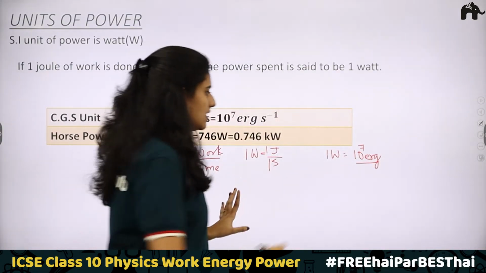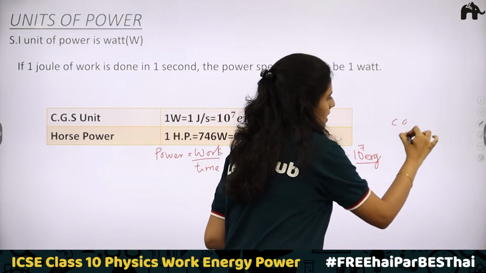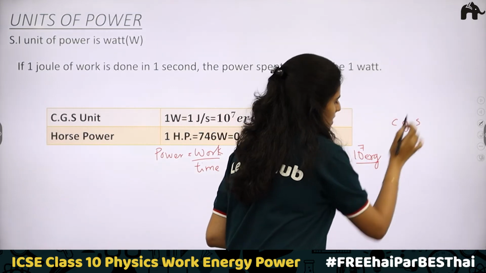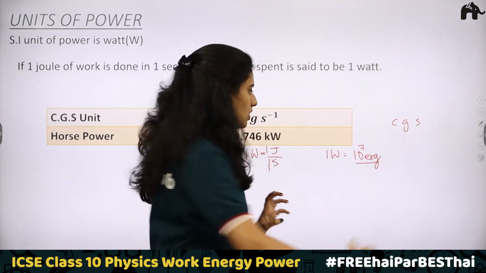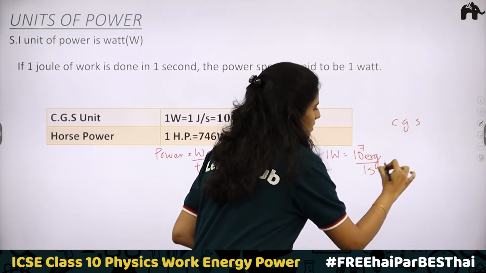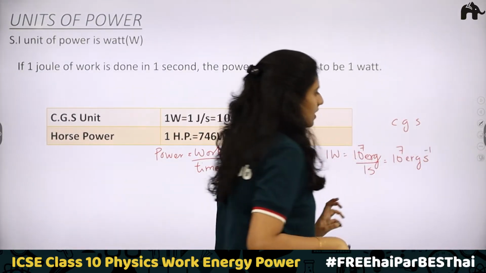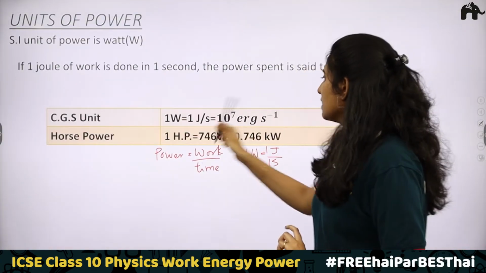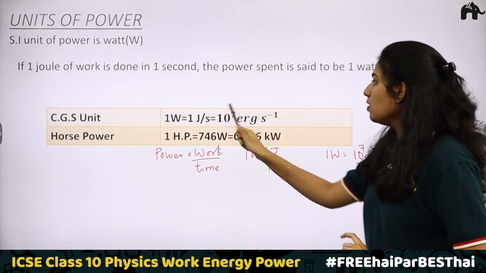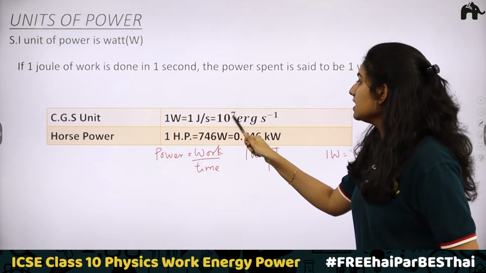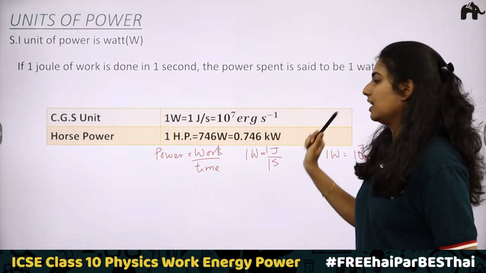Time is expressed in seconds itself, since CGS is centimeter, gram, second. So 1 watt will be equal to 1 joule per second, which is 10 raised to 7 erg second inverse.